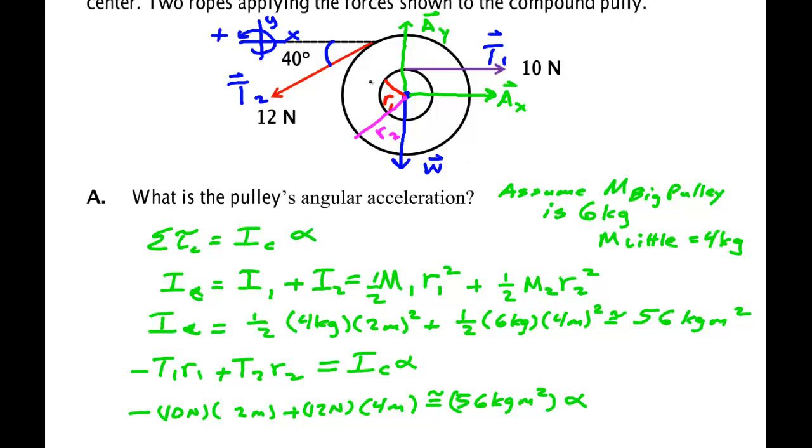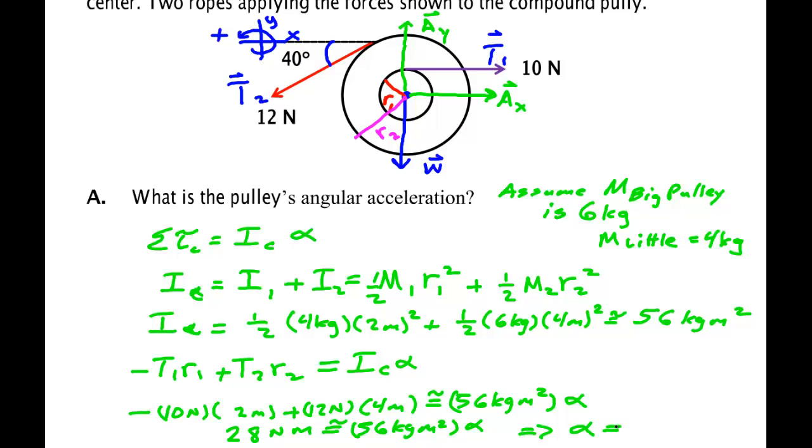And by alpha, we mean that this is the direction of positive alpha. So we got minus 20 plus 48 would give us 28 newton meters, and that's approximately 56 kilogram meters squared times alpha.